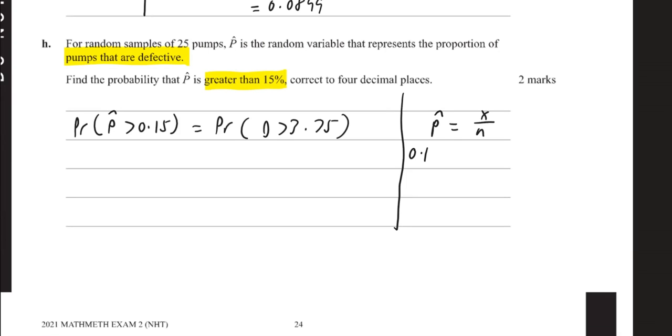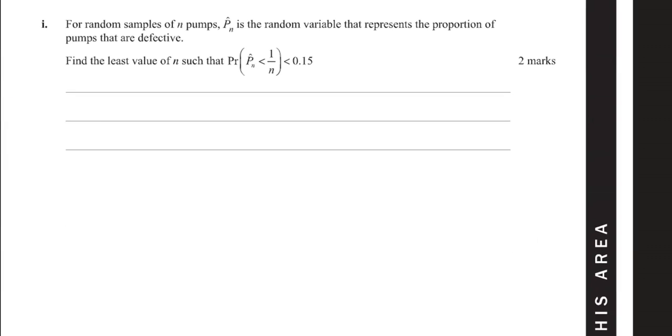And we know that p hat is 0.15, given in the question, equals X on 25. That's the random sample size. So cross multiply, you get X equals 3.75. Okay, so we can't have it in terms of 3.75 because then we can't use our CAS to evaluate it. So let's move up to the next whole number. Use your CAS and you get 0.1351. Yeah, part H is done.